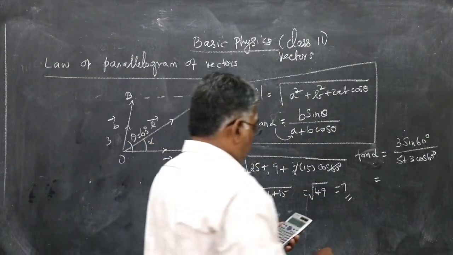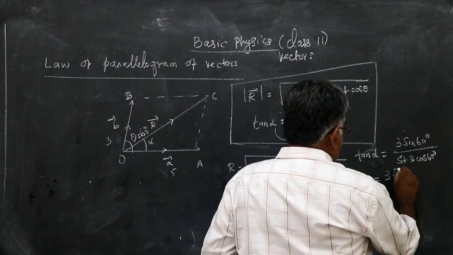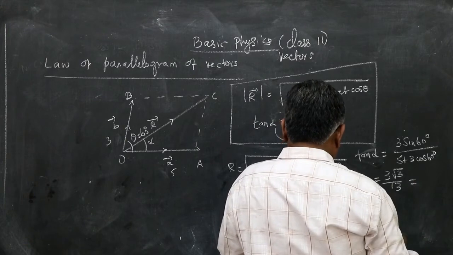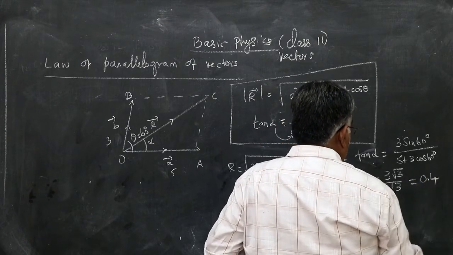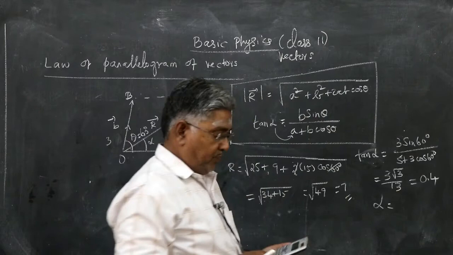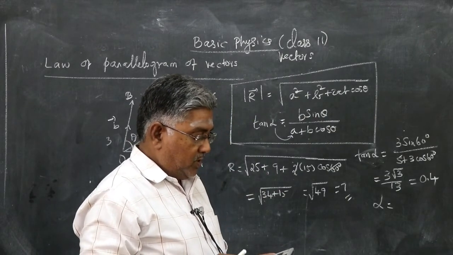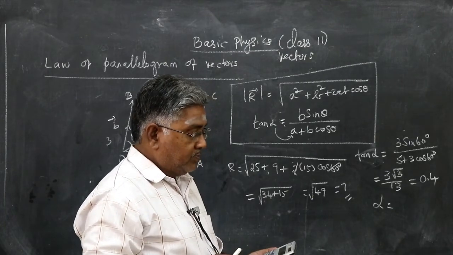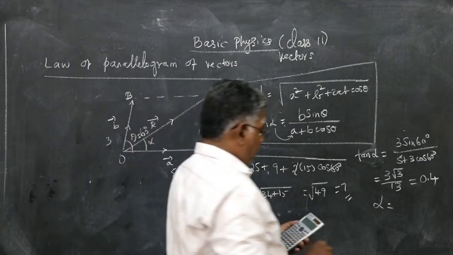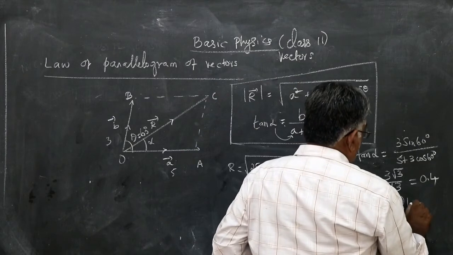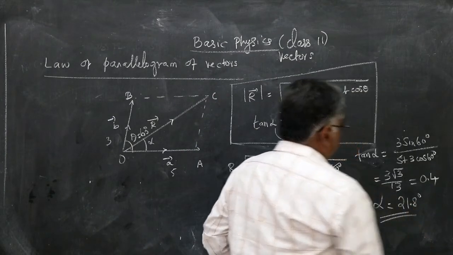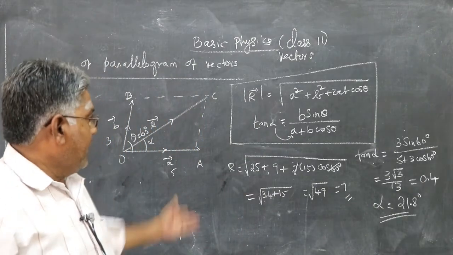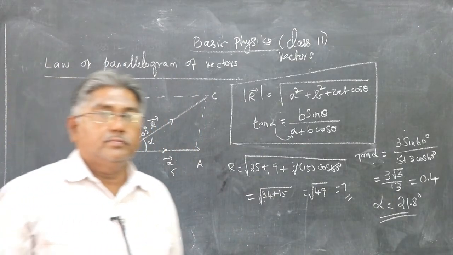Tan alpha is 3 root 3 by 13, which is around 0.4. So find what is alpha. So alpha is tan inverse of 0.4, which is 21.8 degrees. Direct application. Okay.